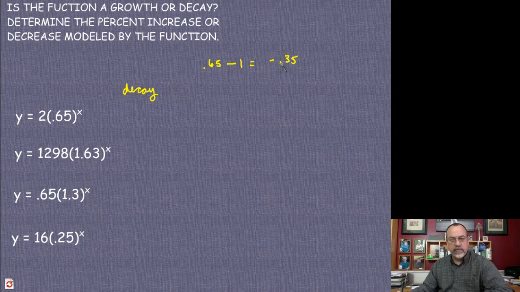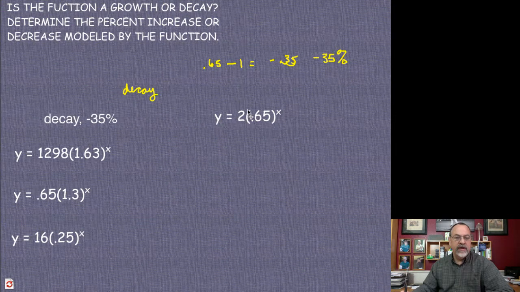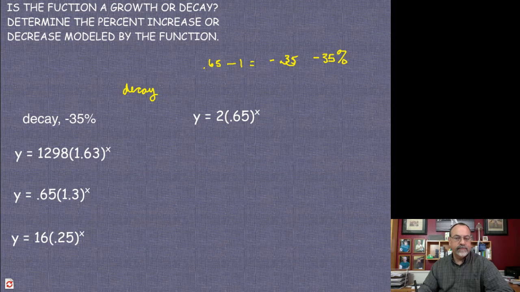And now change it to a percent by moving it 2 places to the right. So this is going to be a decay of 35%. So this equation represents a decay of 35%. Now you could write decay negative 35, or if you just wrote decay 35%, that means the same thing. Decay and minus 35 is a little bit redundant. It kind of says the same thing twice.